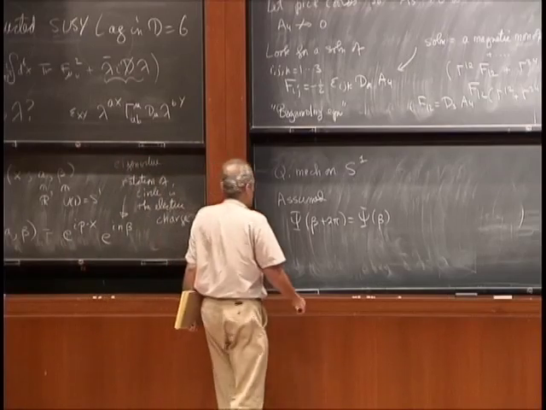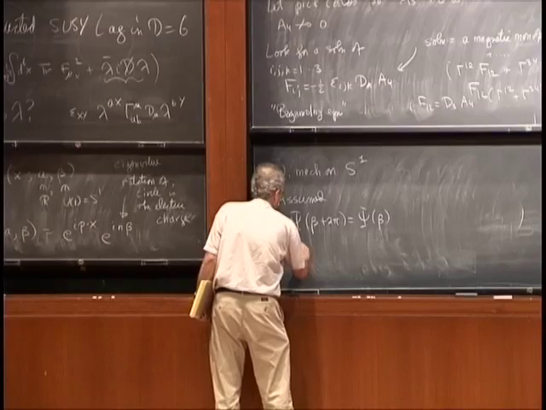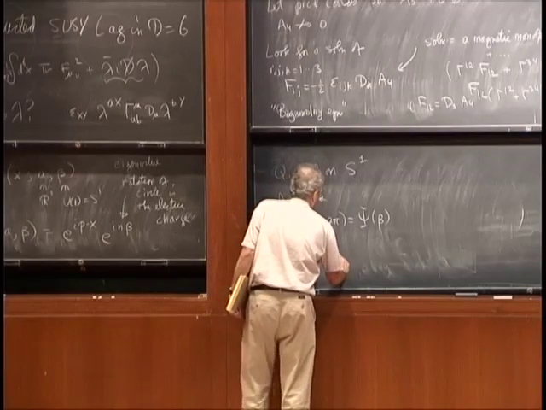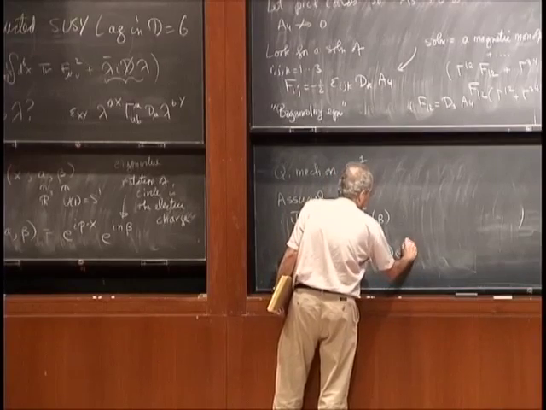So with that understood, I assumed this in the lecture. I assumed this so far. But it makes sense to do quantum mechanics on a circle with the more general kind of wave function.